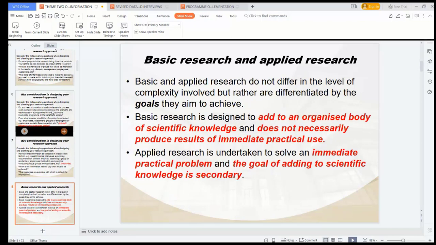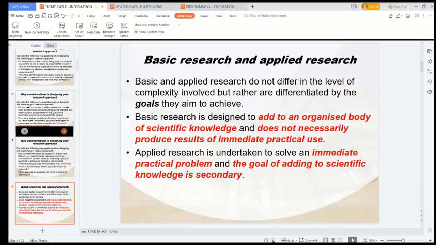Now, this slide has been addressed in earlier workshops, and it talks about basic and applied research. In that, basic research is designed to add to an organized body of scientific knowledge, and it does not necessarily produce results of immediate practical use.